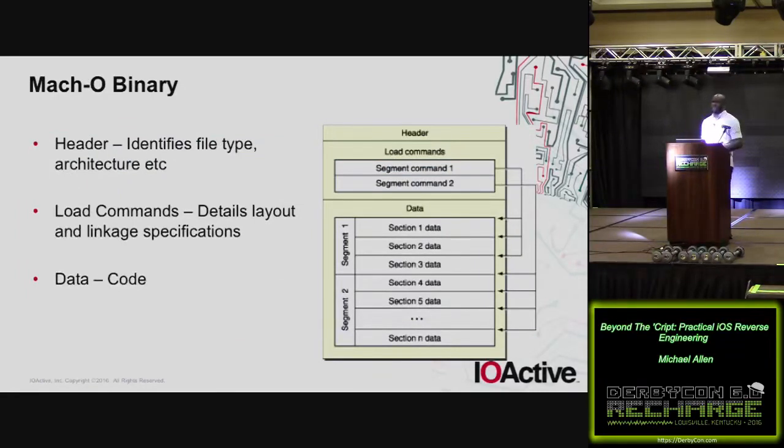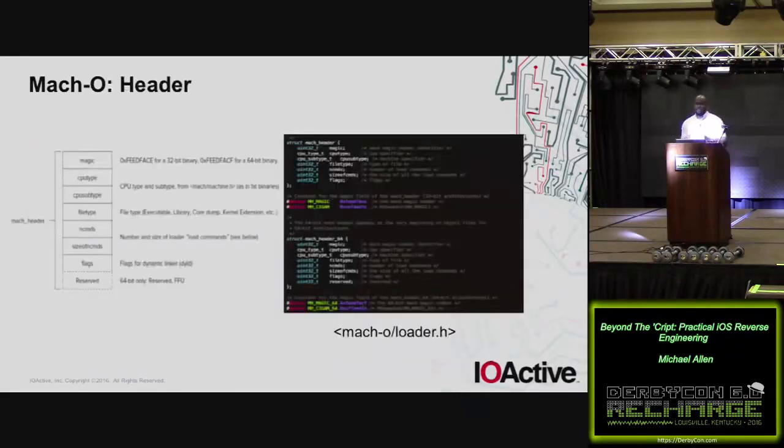So, what is this Mach-O binary? Quite simply, it has a header followed by a number of load commands followed by data, right? The header itself pretty much indicates whether the binary is a 32-bit or 64-bit binary. It also indicates the architectures that it supports. The file type also indicates whether or not it is a dynamic library, core file, executable, and so on.